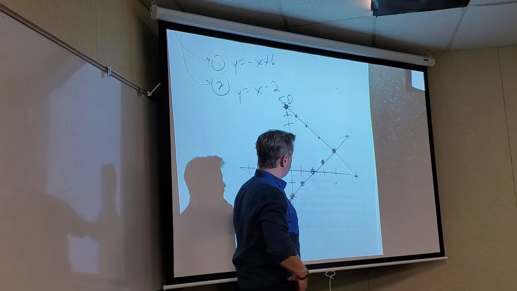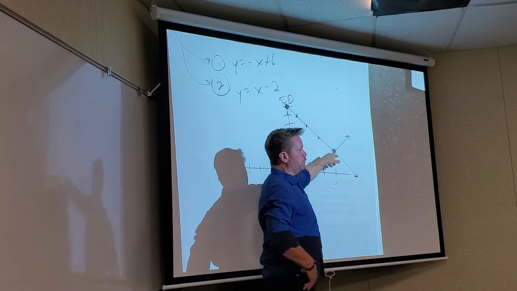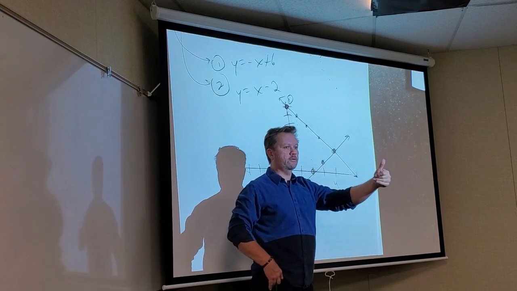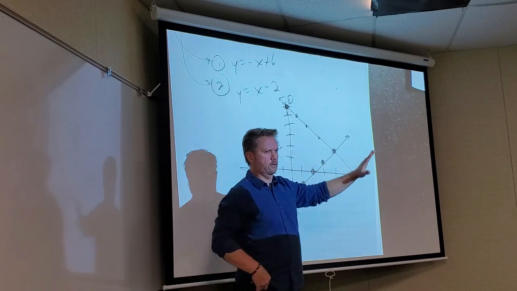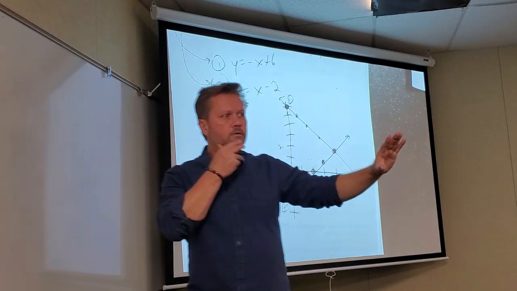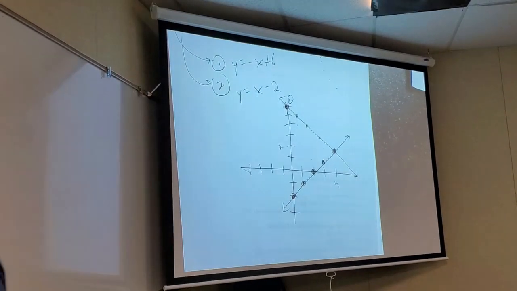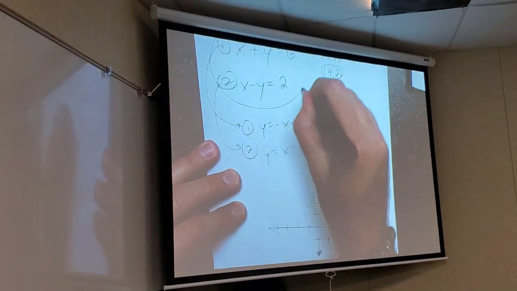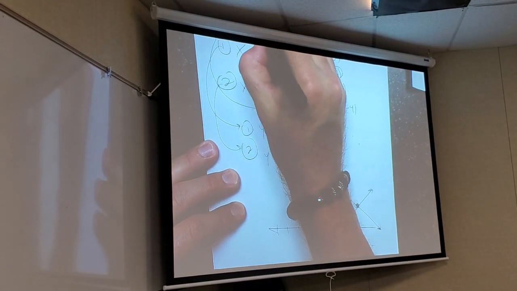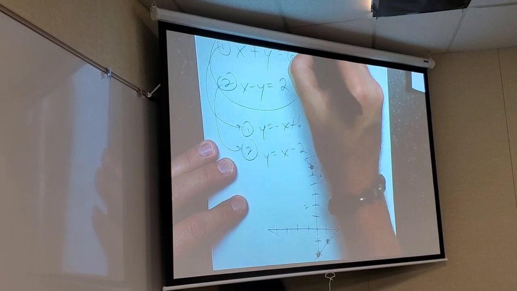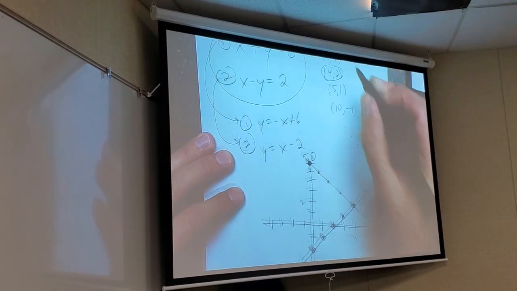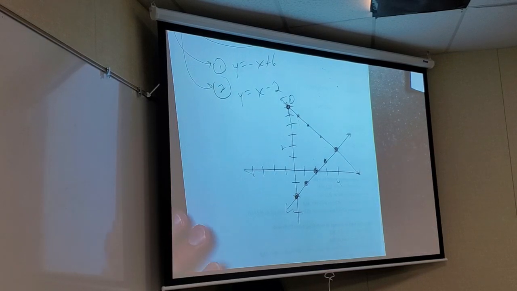If these are all the answers to that equation, and these are all the answers to that equation, where's the answer that works in both? Well, they meet, right? Okay, you guys with me? So anytime we solve a system of equations, I can interpret the answer as the point where the lines would meet.